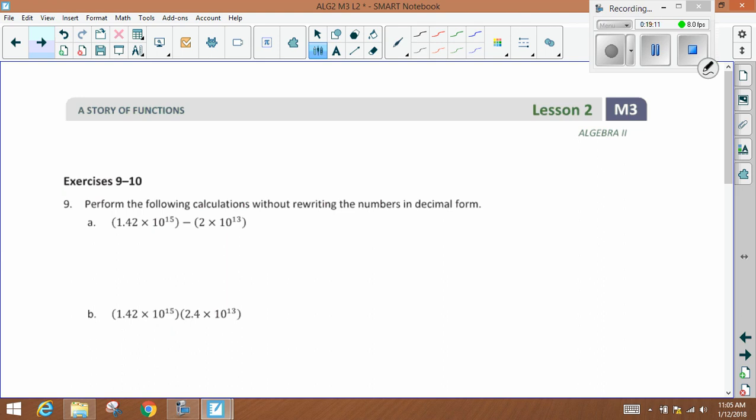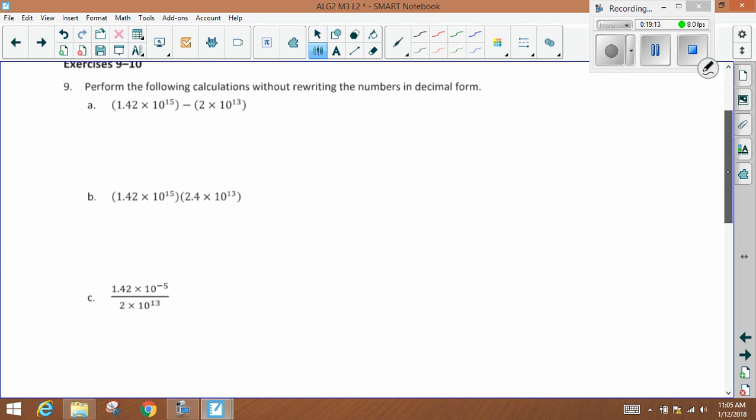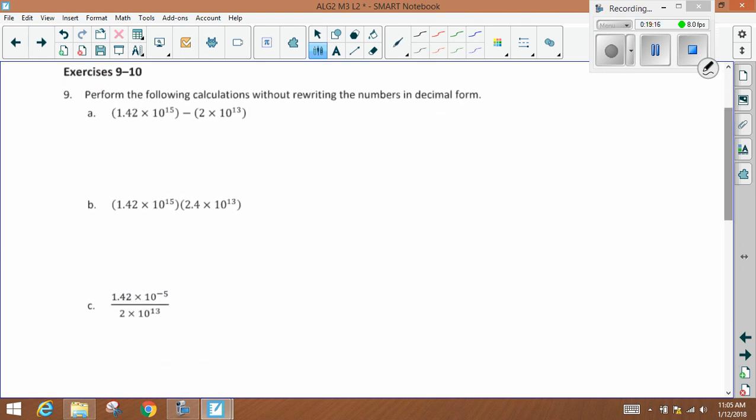Okay. Let's do one more subtraction problem. So here we have 1.42. Actually, let's go ahead and figure out which direction we need to move these powers, right? If I'm counting this way, let's make this one lower though instead.